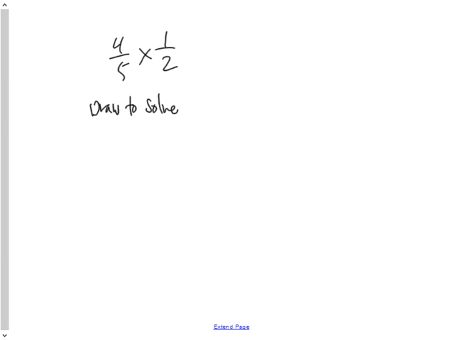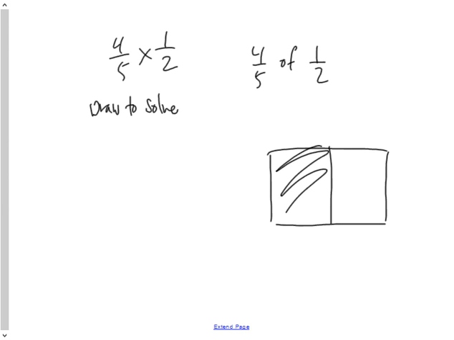The next question says, draw to solve 4/5 times 1/2. Now remember, in order to draw this, I need to think about 4/5 of 1/2, which is really the intention of multiplying those two fractions together. So if I start with a half and draw it, there is a half.